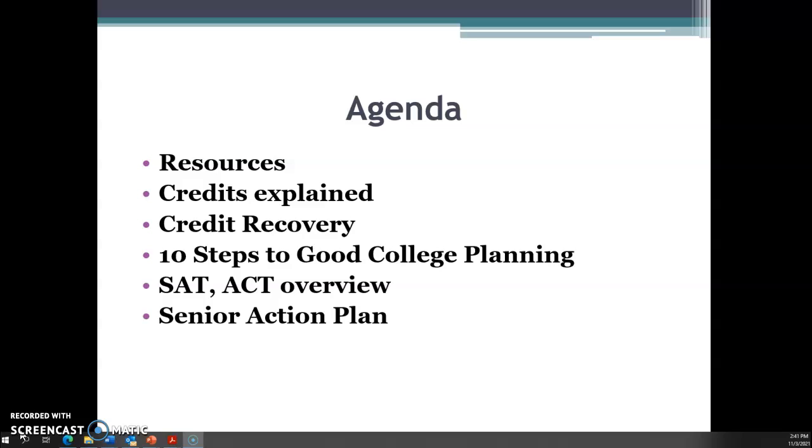Our agenda today will discuss resources, which includes the PantherNet Counselor Corner page, information about credits, credit recovery, hopefully no one needs that information, and college planning, which is the biggest part of this presentation, some SAT, ACT overview, and a senior action plan.